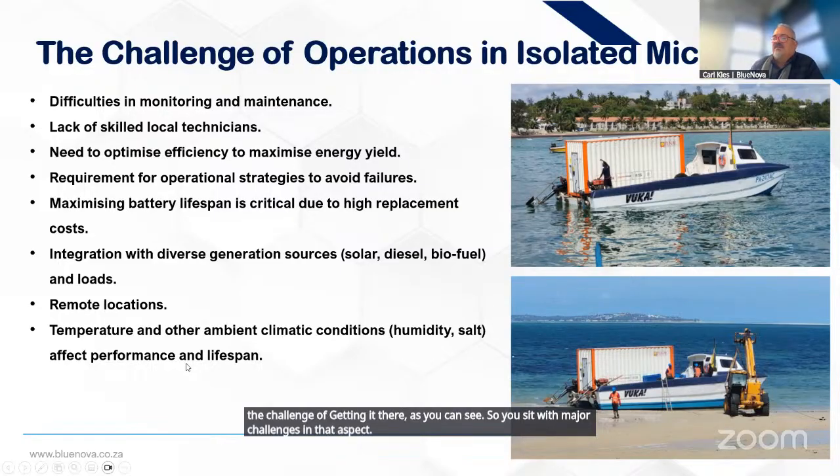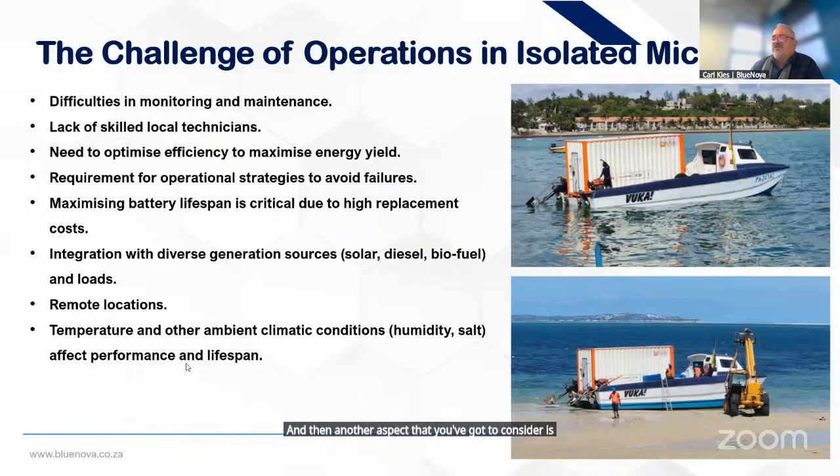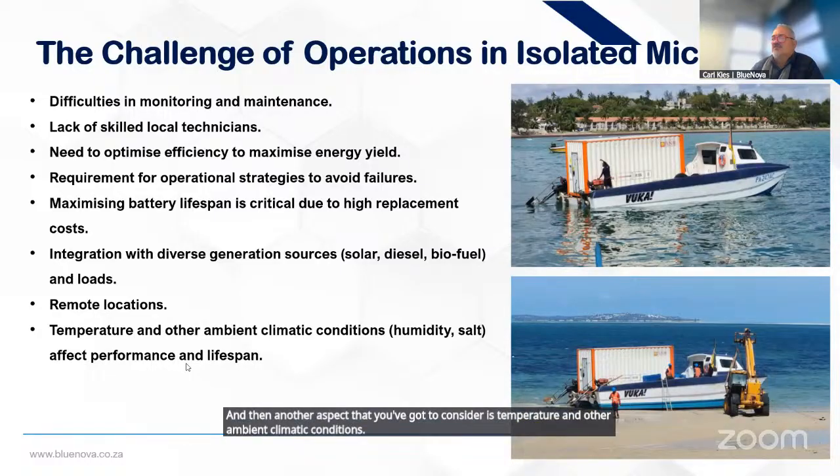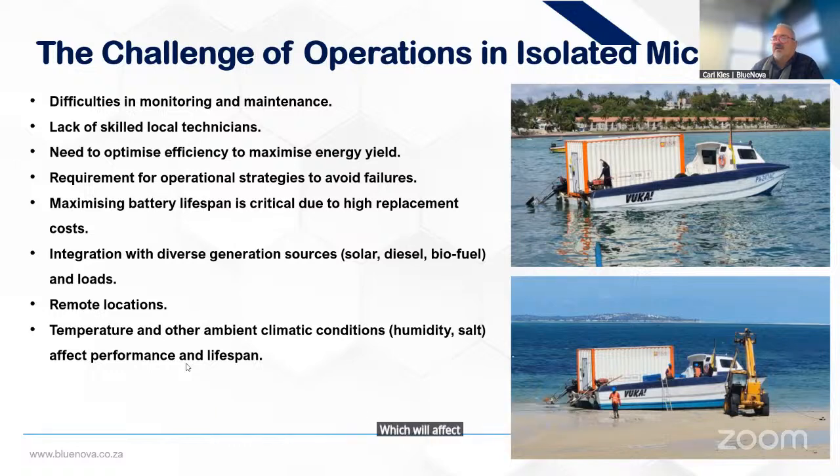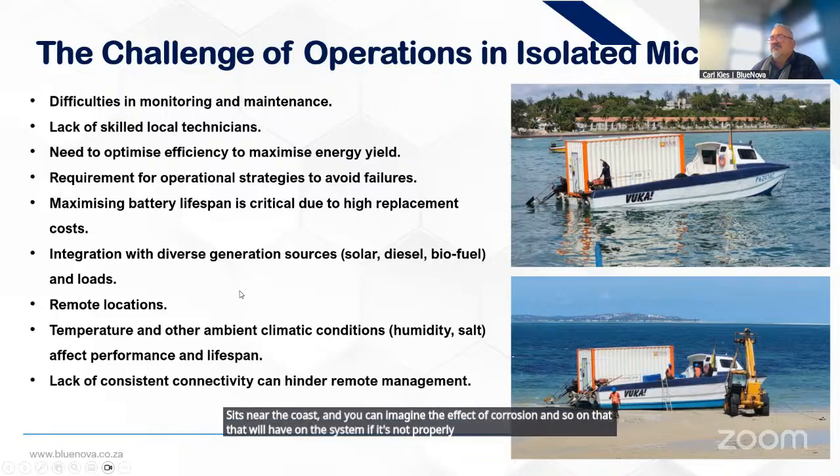And then another aspect that you've got to consider is temperature and other ambient climatic conditions like humidity and salt and the heat and so forth, which all affect performance and lifespan. Like this system here, for example, sits near the coast, and you can imagine the effect of corrosion on the system if it's not properly taken care of.